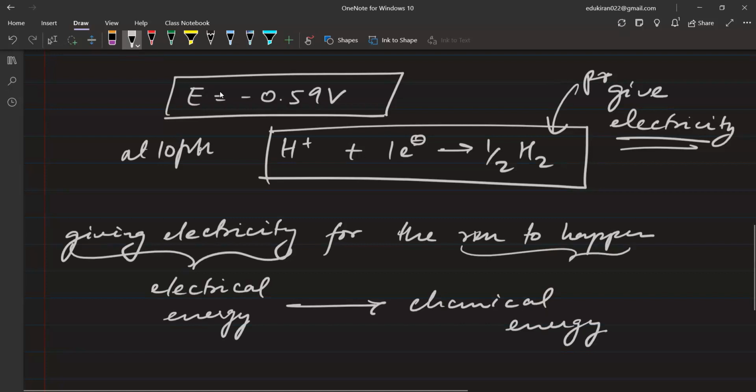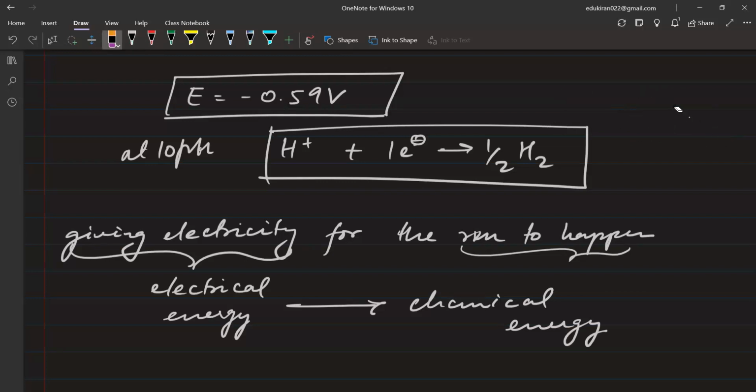Yes, Travis, tell me. Sir, how is it non-spontaneous? What is delta G equal to? Delta G will be equal to minus nFE. सही है? N will be a positive number. F will also be a positive number. And E की value क्या है यहाँ पे?